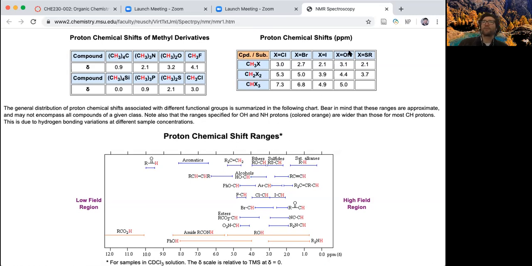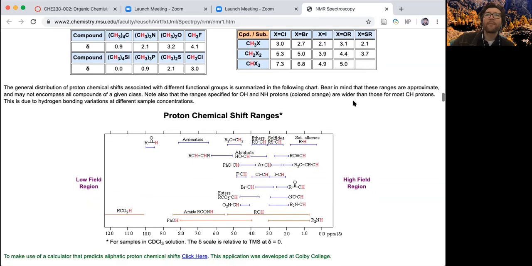And you can see a complete table here of Cl, Br, I, ethers and thioethers changing the chemical shifts of the protons based solely on the electronegativities. And all around the web, you can see very nice charts like this one that show you where certain chemical shifts should be.